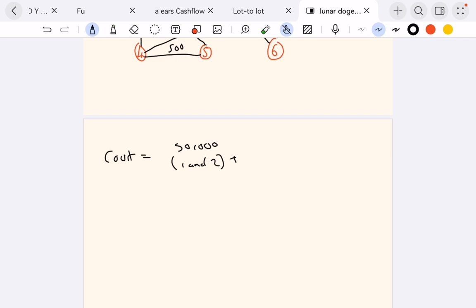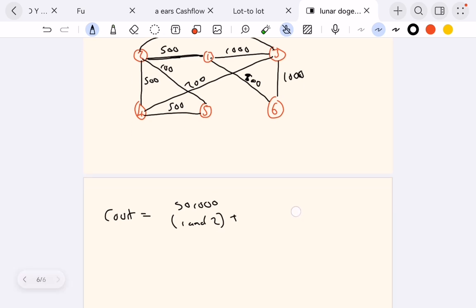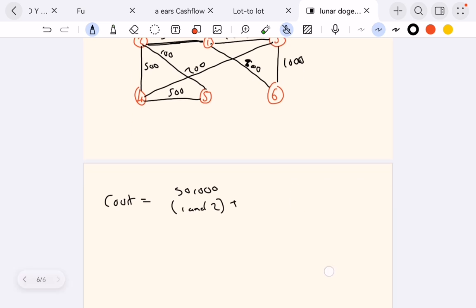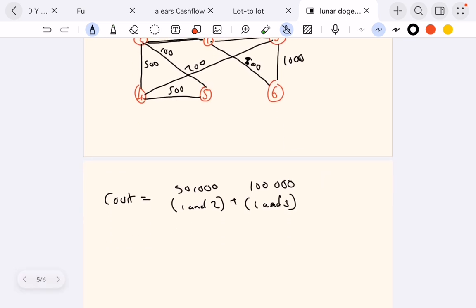Plus 1 and 3. 1 and 3, it is 1,000, it's 100,000. So remember, this 1,000 times 100 gives us 100,000.